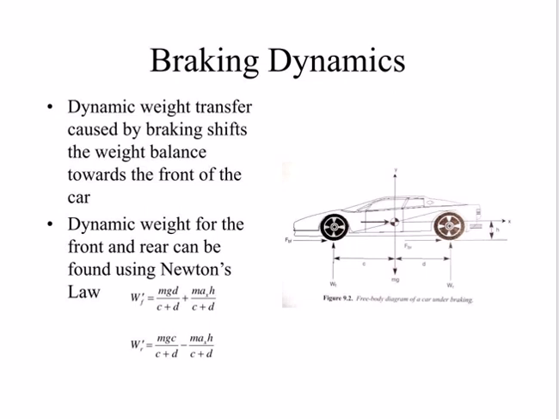So let's go to the braking dynamics. Dynamic weight transfer caused by braking shifts the weight balance towards the front of the car. Dynamic weight for the front and rear can be found using Newton's law.